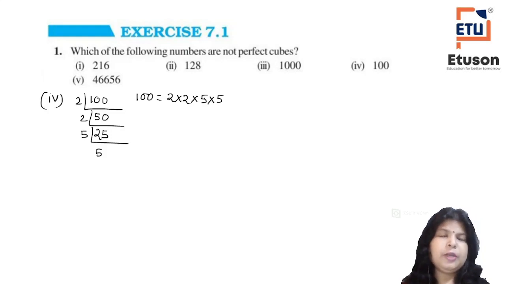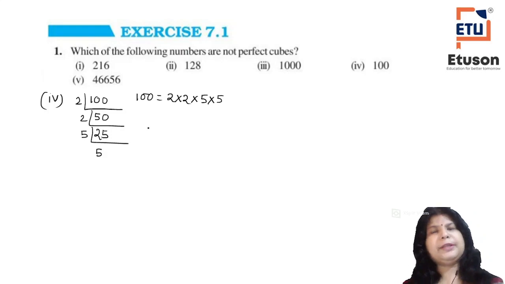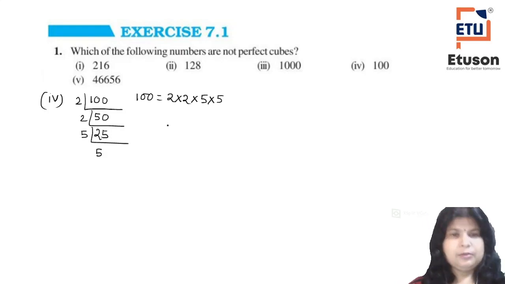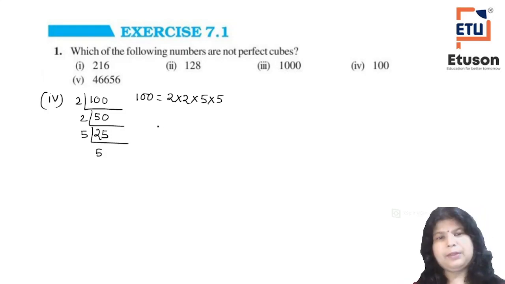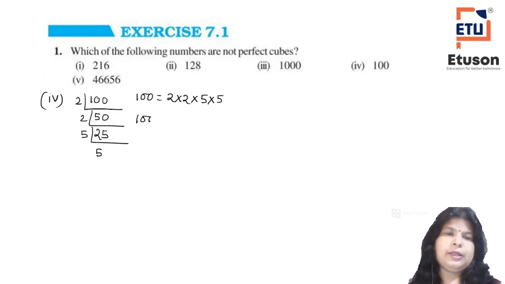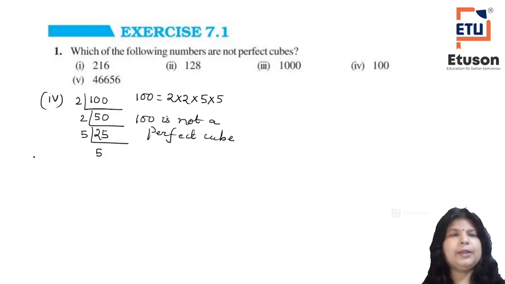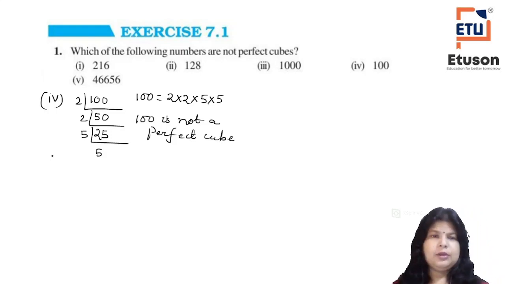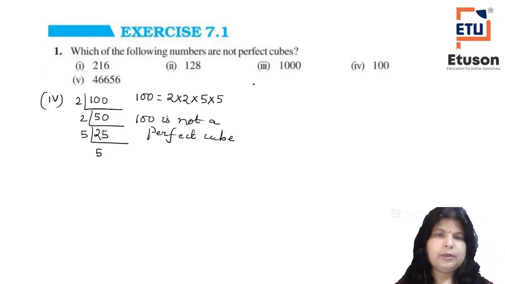None of the prime factors can form a set of 3, so there are no triplets available here. So clearly you can tell that 100 is not a perfect cube. Correct? Now let us go to the last bit, that is bit 5.